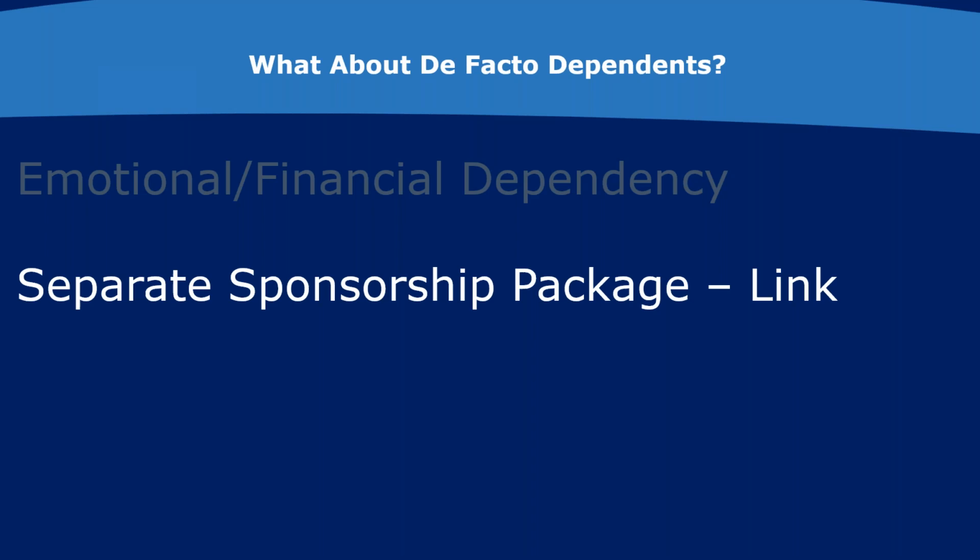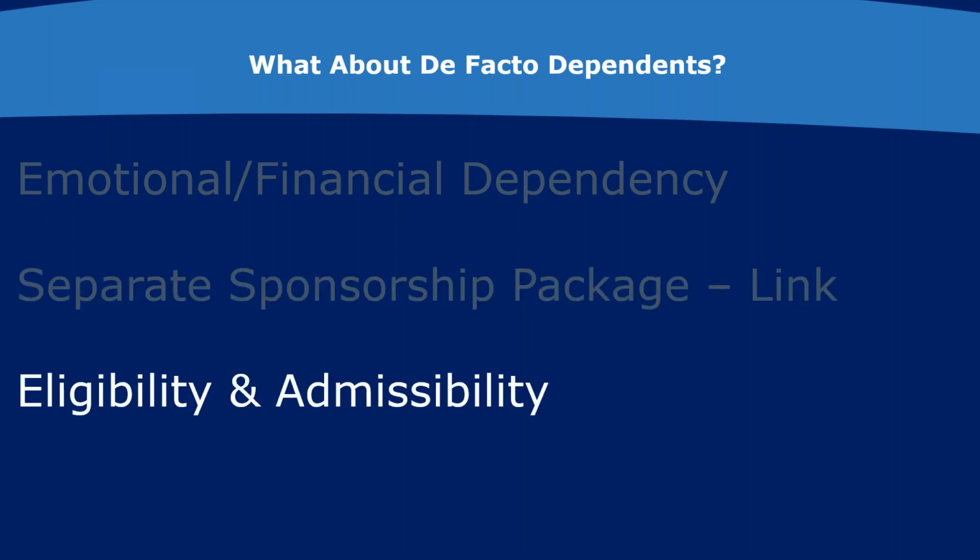They should fill out a refugee application form, all the forms in the IMM 6000, and the de facto dependent should be a refugee in their own right. So they should have a refugee status document, they should meet the eligibility requirements, and they should meet the admissibility requirements as well. Everything a principal applicant must meet, the requirements should be met by the de facto dependent as well.